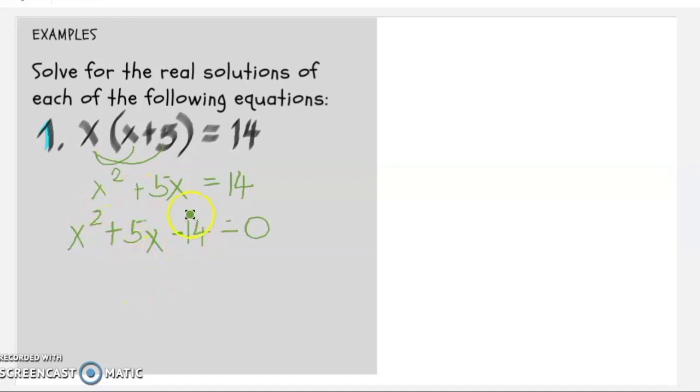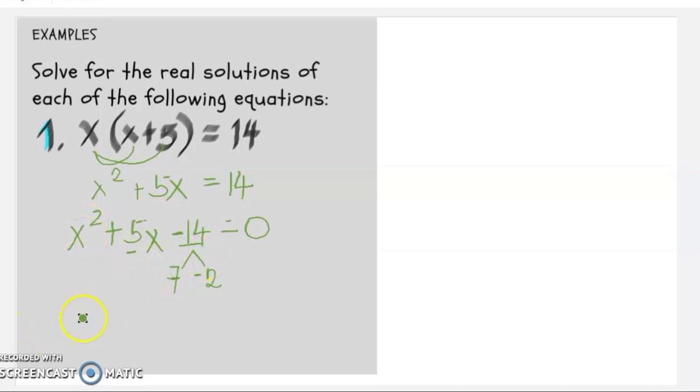Since this is easy, what are the factors of negative 14 that, when added, give positive 5? So, we have 7 and negative 2, because 7 plus negative 2 is positive 5, and 7 times negative 2 is negative 14.